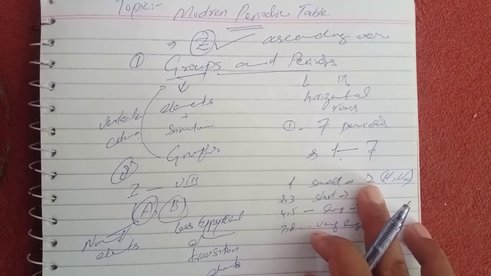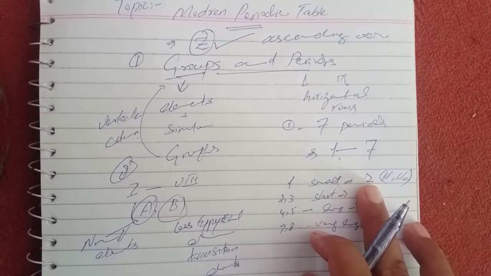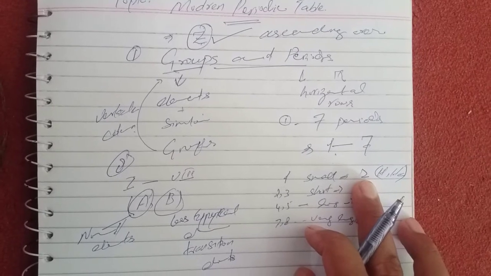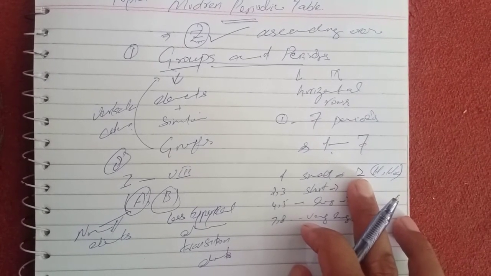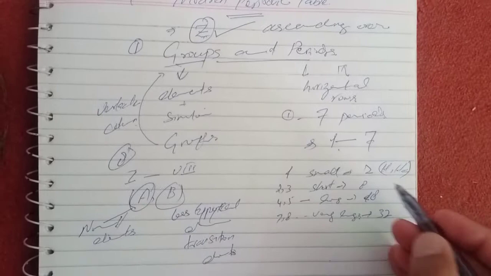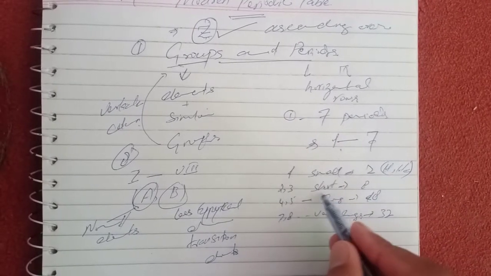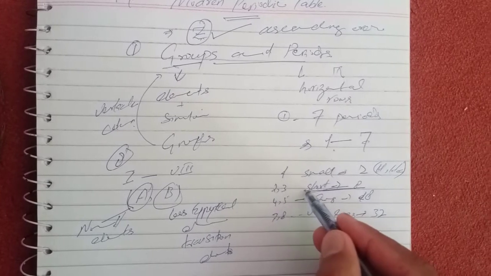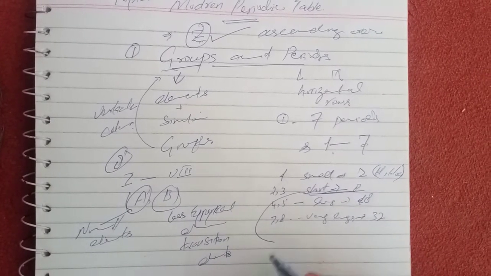All the elements in these periods are representative elements and belong to the A subgroup. In these periods, every eighth element resembles the first element in properties.